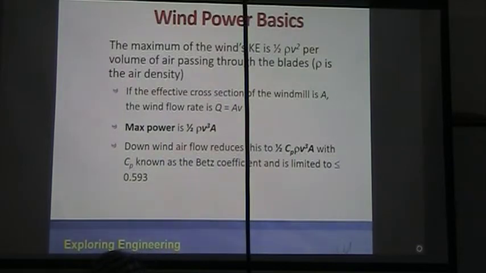All right, so the maximum amount of the wind's kinetic energy is 1/2 rho times velocity squared. Rho is air density.